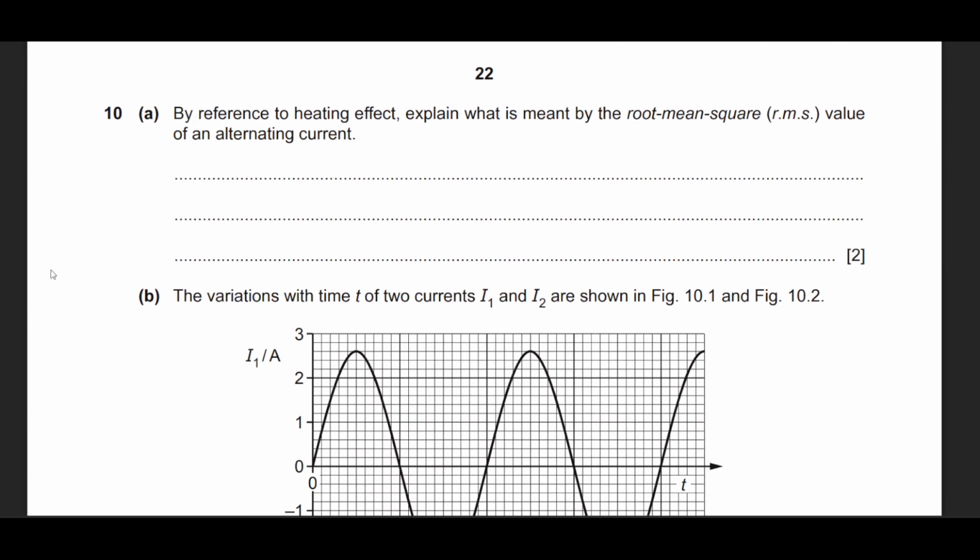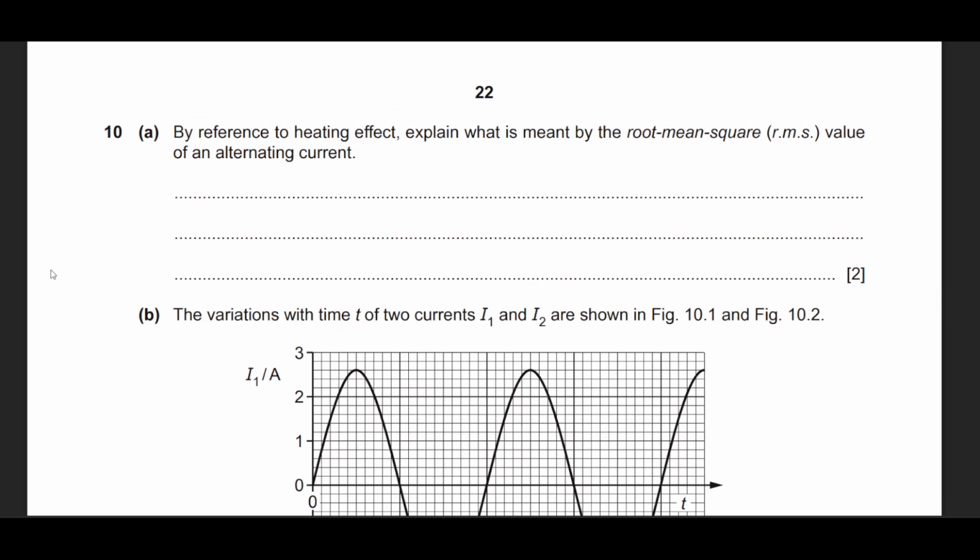Question number 10. This is from Power, RMS, and that respective chapter. Okay, so let's figure this out. He says, by reference to the heating effect, explain the root mean square value of an alternating current. What is the meaning of heating effect?